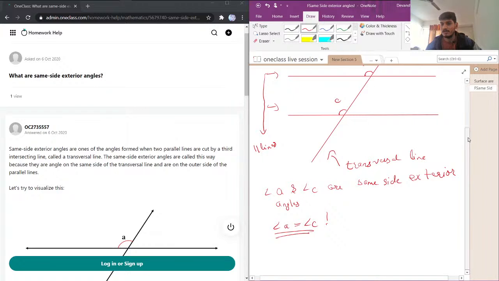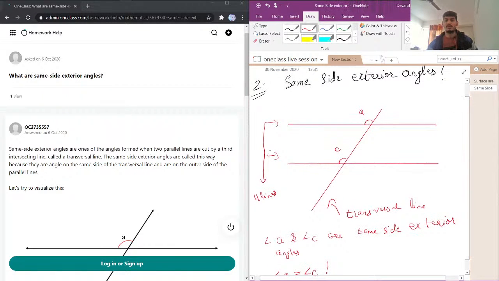There is a property for parallel lines. If there are two parallel lines, and if one straight line cuts those two parallel lines at certain points, then the same side exterior angles, which are angle A and C, will be equal in magnitude.